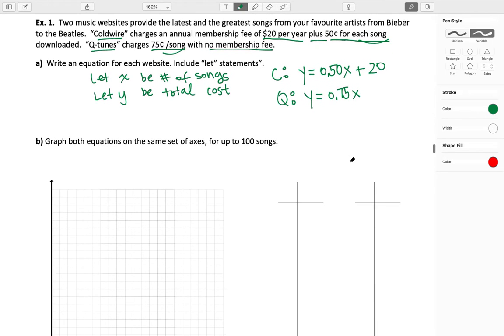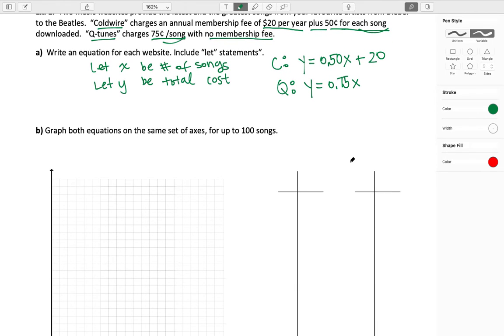Now that we have the equations, we're going to graph both equations for up to 100 songs. So let's do Coldwire: Y is equal to 0.5X plus 20. And QTunes: Y is equal to 0.75X.